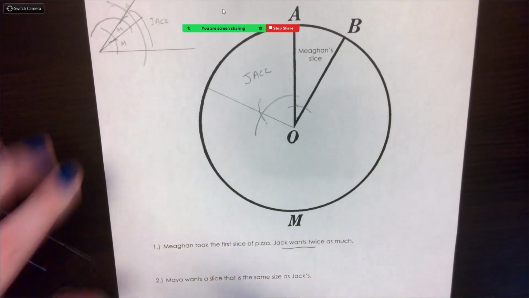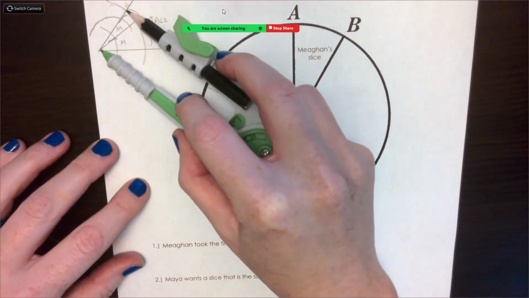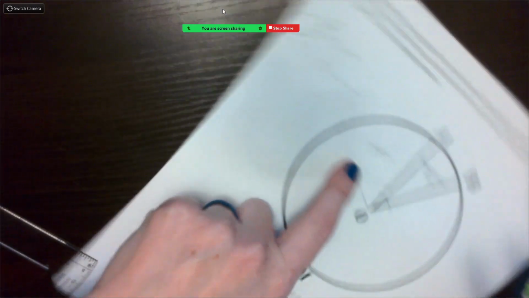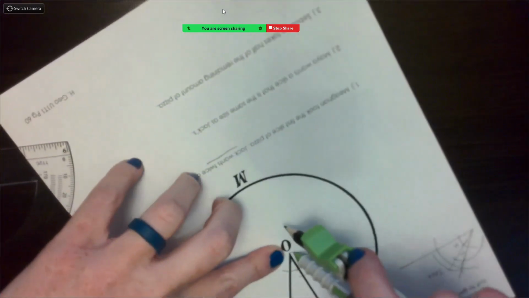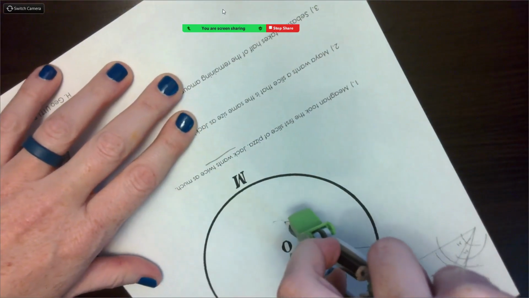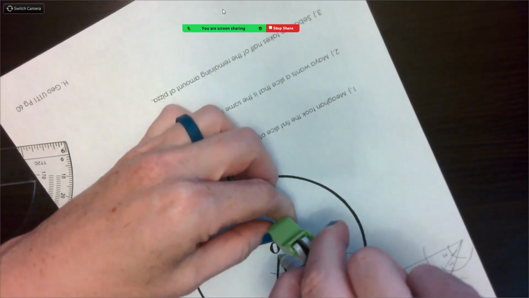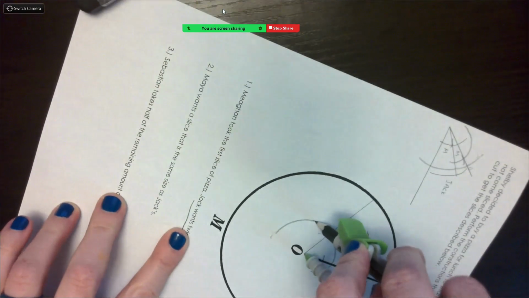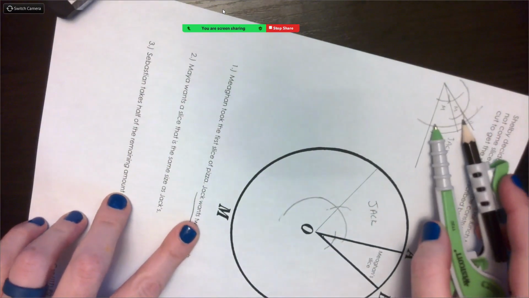So I'm just going to go ahead and repeat this. So here is the length of my arc from before. Only now this will be my base piece. So here we go. Okay. And then we go back and find our width up here again.